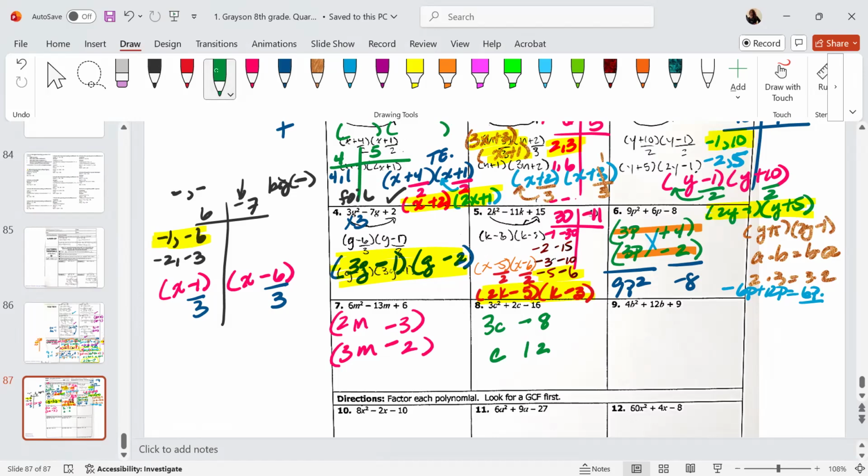That's a negative. That's, nope. That's a positive. That's a negative. Did you get 3C plus 8 and C minus 2? Like a little puzzle. And if you foil this, it will work.